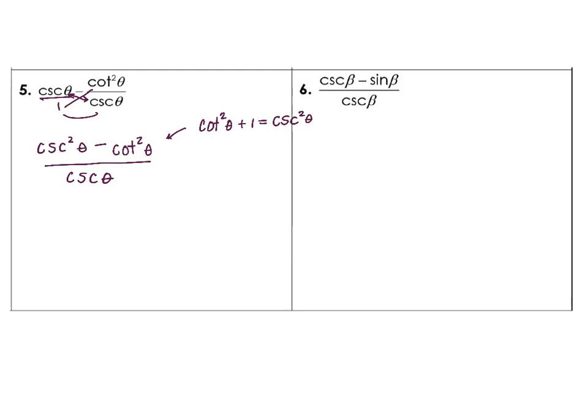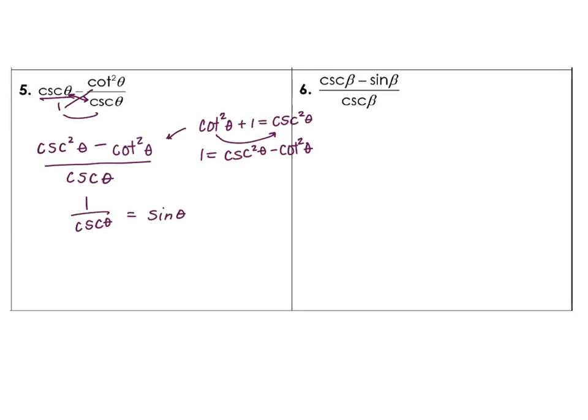And so if we do some rearranging, subtract cotangent squared over, notice we have 1 equals cosecant squared theta minus cotangent squared theta. And that's exactly what I have over here. So I'm going to replace all of this numerator with 1. So I have 1 over cosecant, and that's going to reduce down to just sine theta.